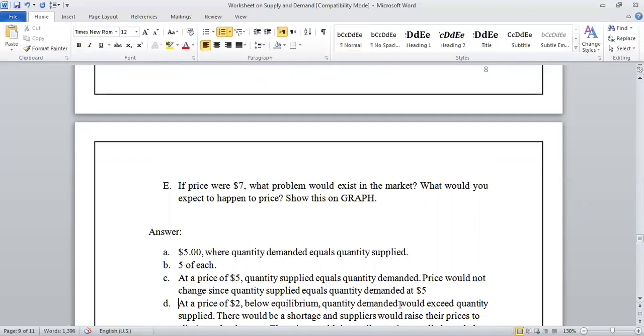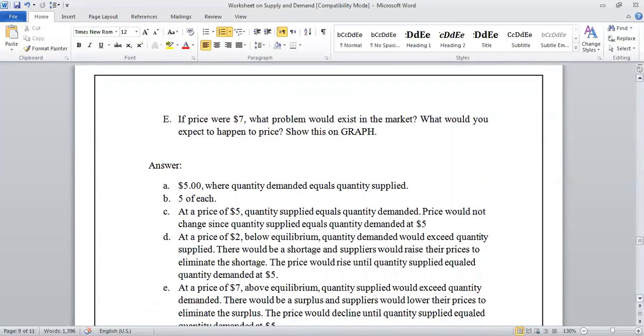Your quantity demanded is bigger than your quantity supplied, so you have a shortage. What should you do to go back to equilibrium? Suppliers will increase price until they reach equilibrium price.